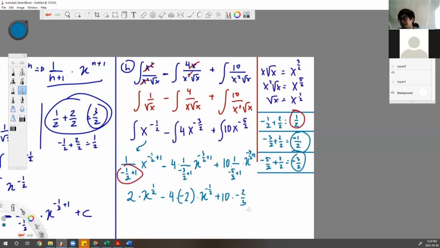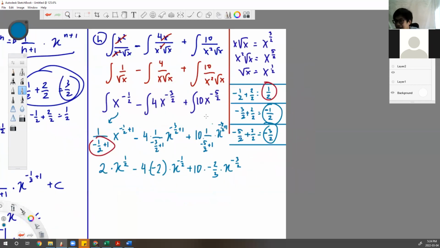You switch the numerator by its denominator, and x power negative 3 over 2. Okay, oh, I missed something. Plus c. At the time you start to integrate, you do plus c here. Okay, so 2 square root x, right, plus 8 over square root x because it is negative. Wait, later on, I will show you later. Negative 20 over 3.